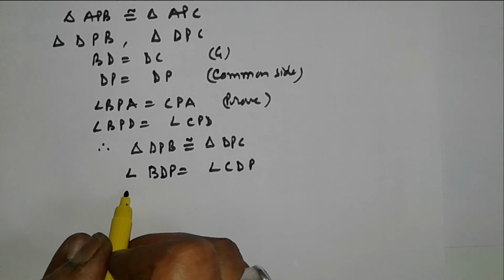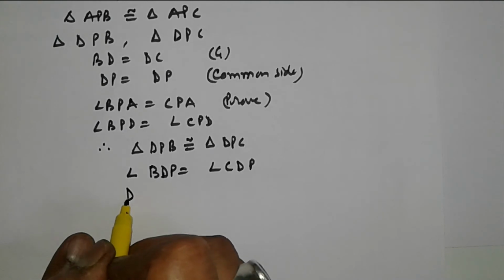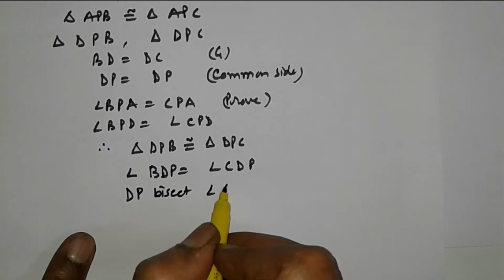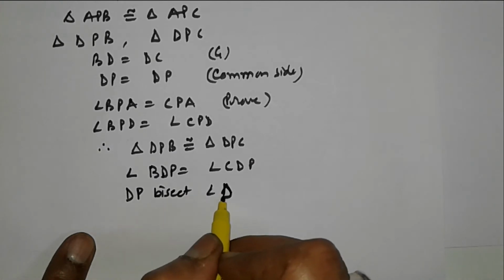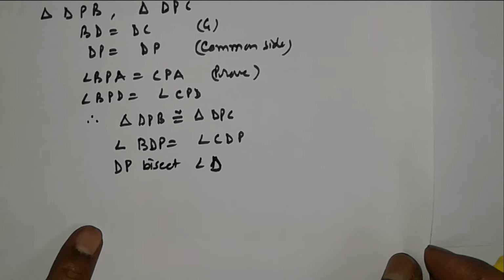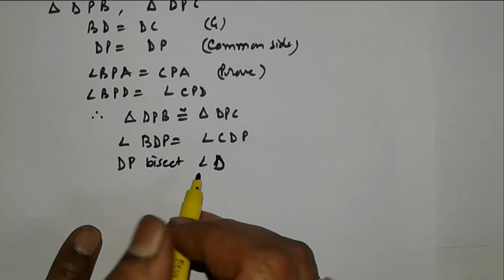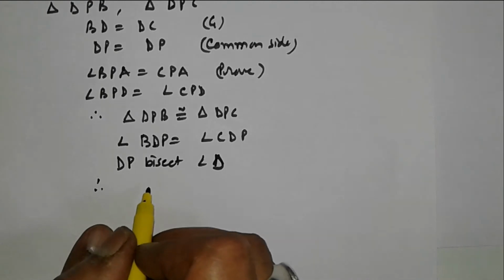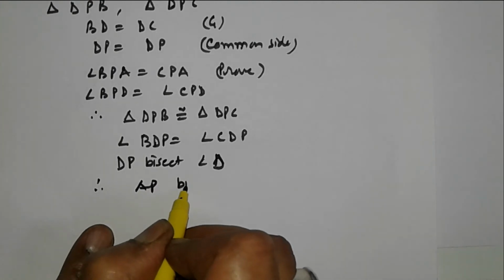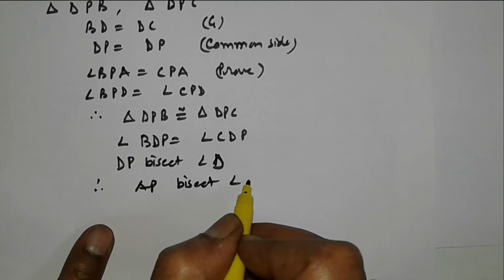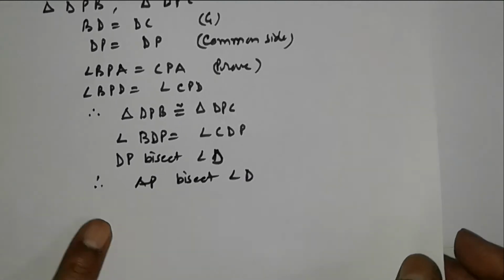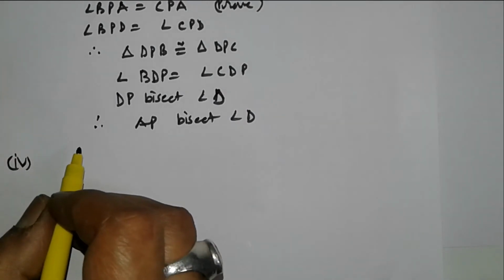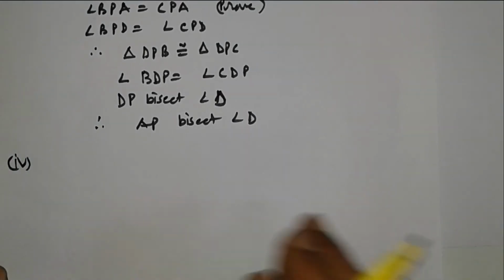Therefore you can say DP bisects angle D. DP bisects angle D, and DP is the same line as AP, so we can say AP bisects angle D. Now the fourth part of this is, AP is the perpendicular bisector.